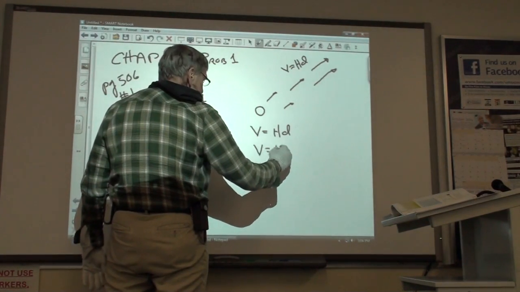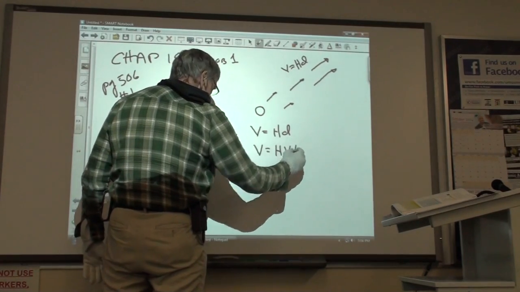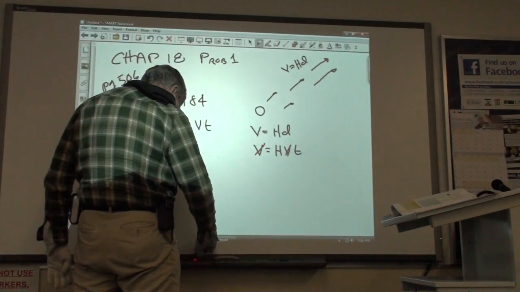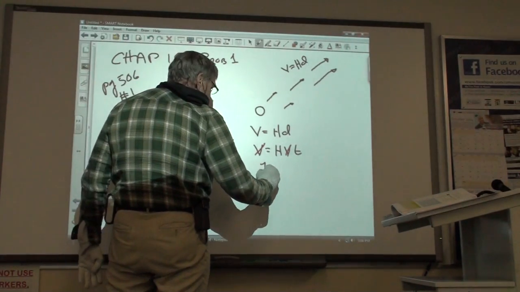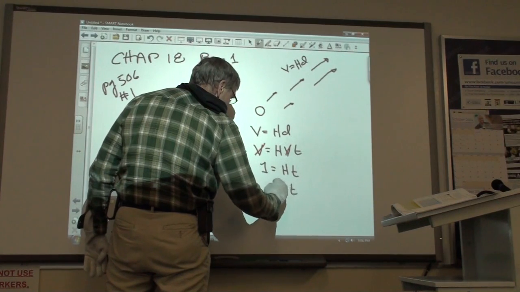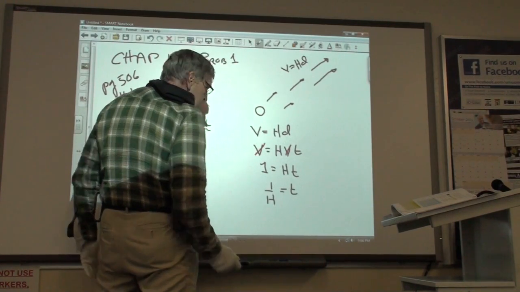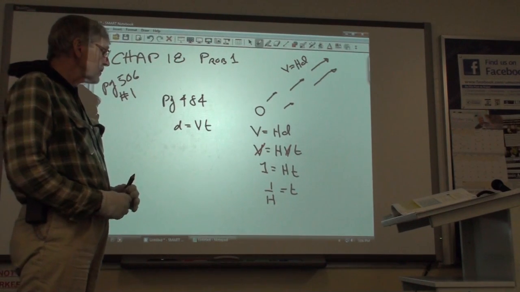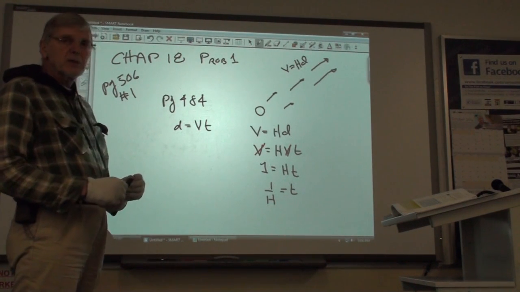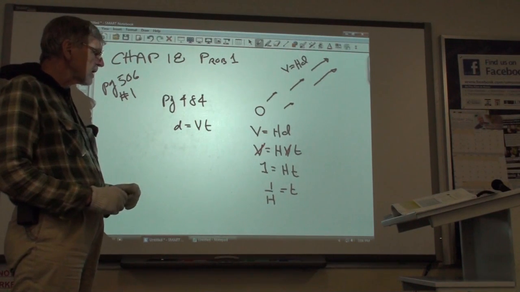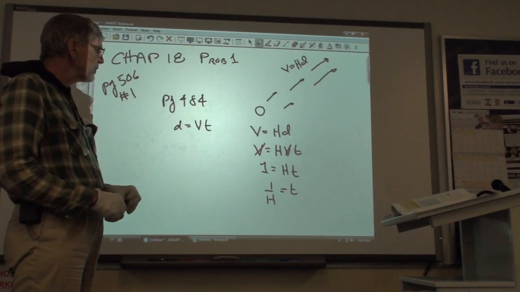We have v equals h times v times t, and the v's cancel out, so 1 is equal to ht, which means that t is equal to 1 over h. So the age, or the amount of time with which these objects are separating, is the reciprocal of the Hubble constant. So 1 over the Hubble constant gives you the age of the universe.